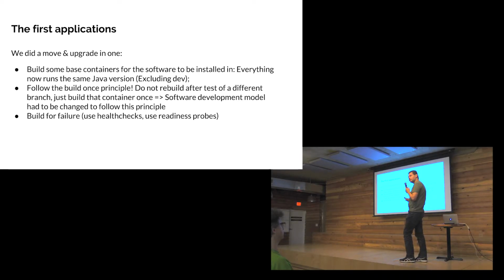Running Java, the first thing we did is build a base container with just Java in there. We really tried to follow the build once principle of Docker. So build of branches instead of building of master, which we did before. Continuous integration is sometimes a more difficult term, so the pipeline approach which Hootsuite uses is more advanced than this.